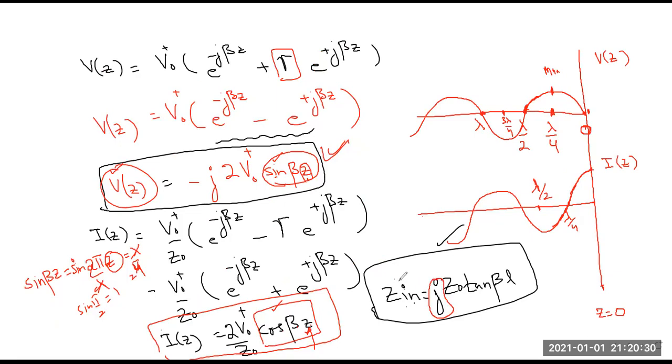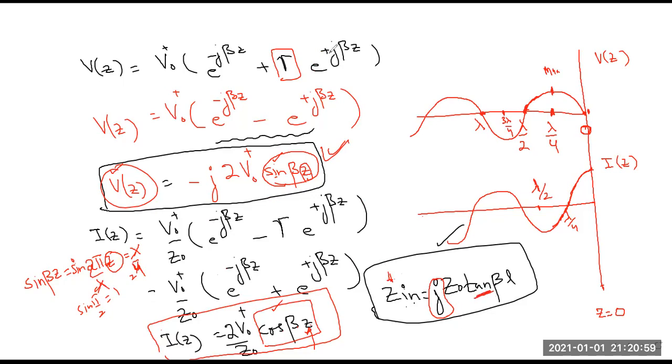If you connect a short circuit load to any transmission line and then find the impedance at any point, that impedance behaves as a purely imaginary one. Okay, so this is the first thing. And the other thing that we can see is that this impedance varies as a tangent function.